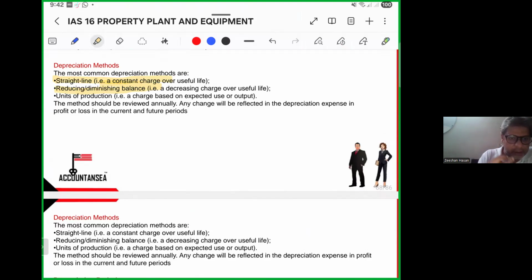Then the units of production method is a charge based on expected use or output, how much output has occurred during the year. The method should be reviewed annually. Change will be reflected in the depreciation expense in profit or loss, in the current and future periods.